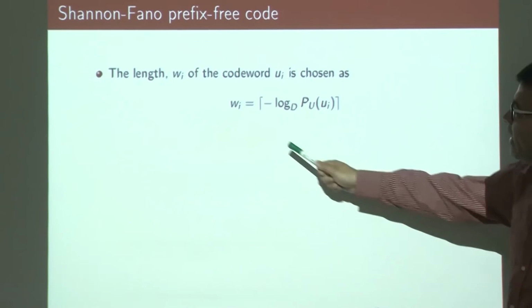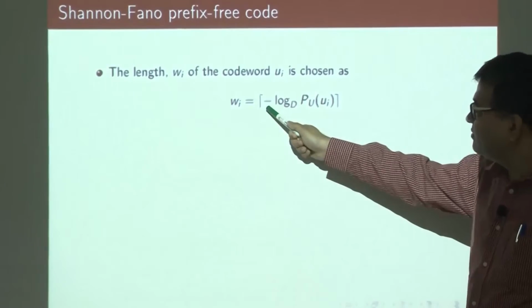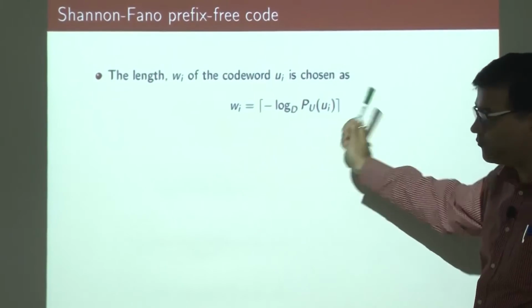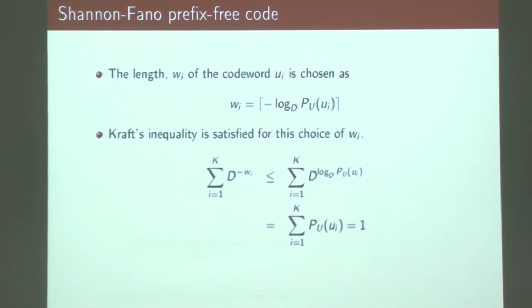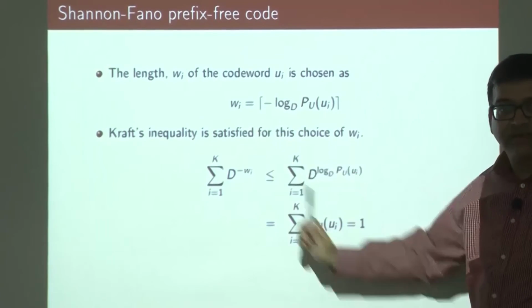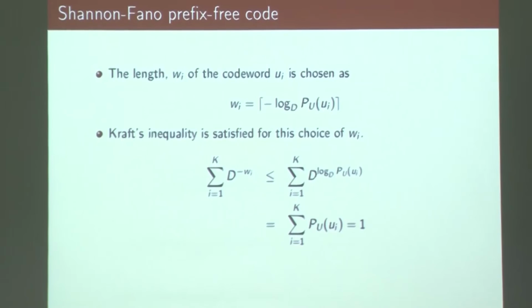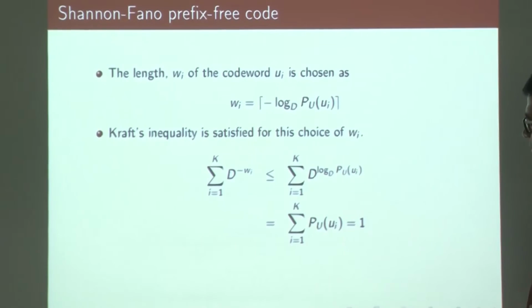If I choose my code word length as the ceiling of minus log of the probability of occurrence of u_i, then the first thing I can show is that Kraft inequality will be satisfied. If Kraft inequality is satisfied, that means a prefix free code exists. So let us look at whether Kraft inequality is satisfied or not.